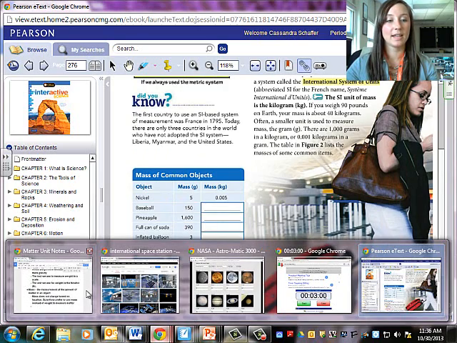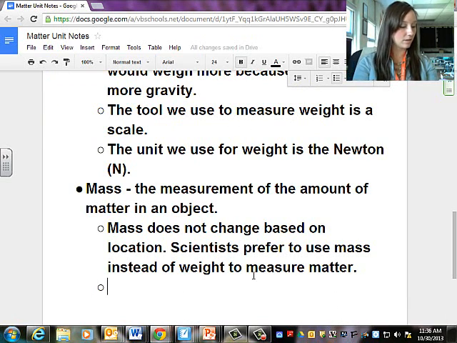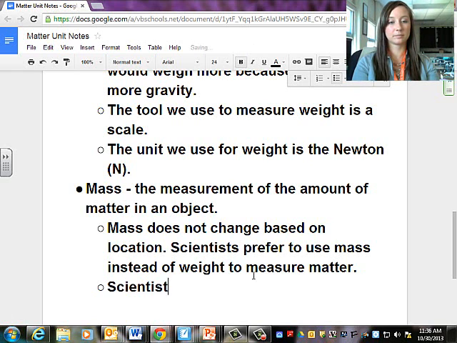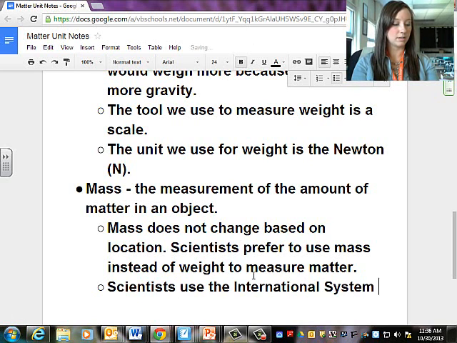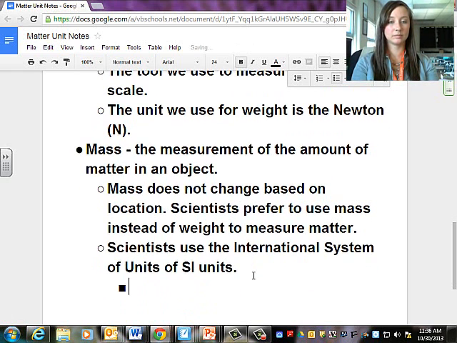Let's go ahead and finish up our notes. So, scientists use the International System of Units, or SI unit. And then underneath our talk of what an SI unit is, we're going to list our SI unit for mass.